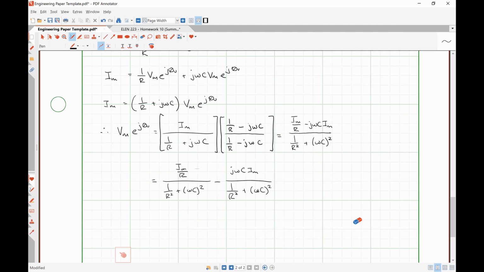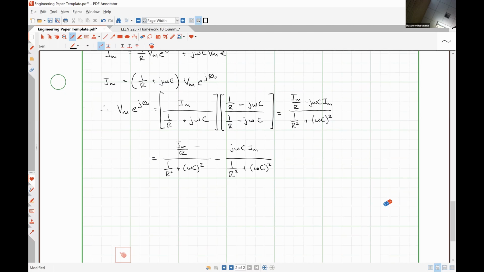You square both of them, add them up, and take the square root. Yeah, so that's exactly right. To determine the magnitude of a complex number, I can square the real part, square the imaginary part, add them together, and take the square root.